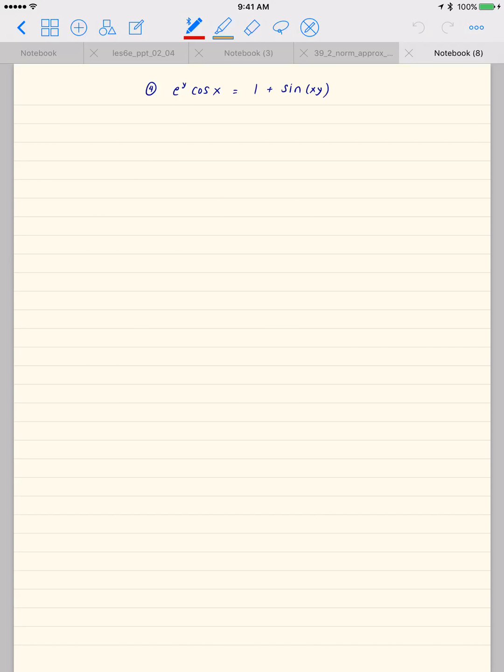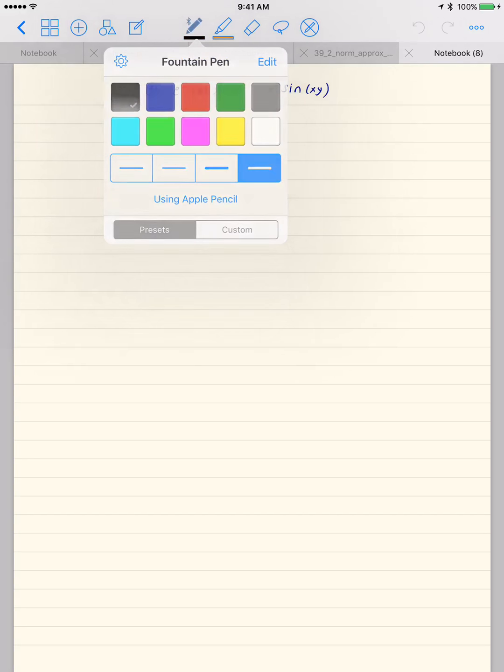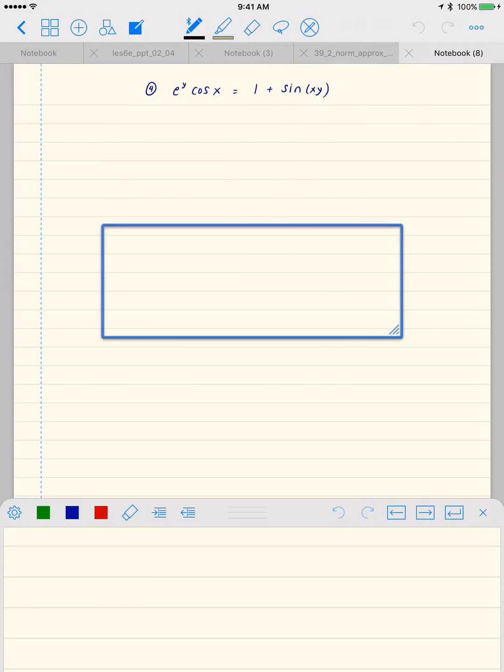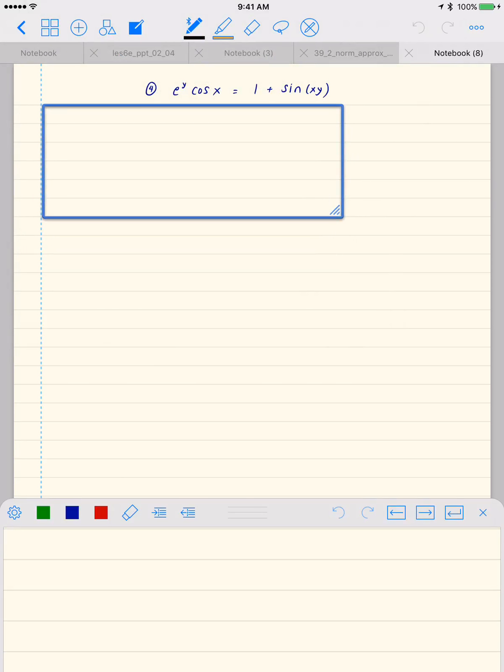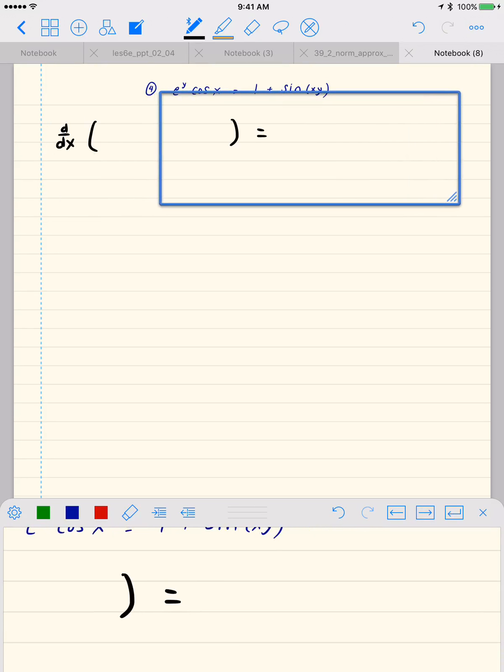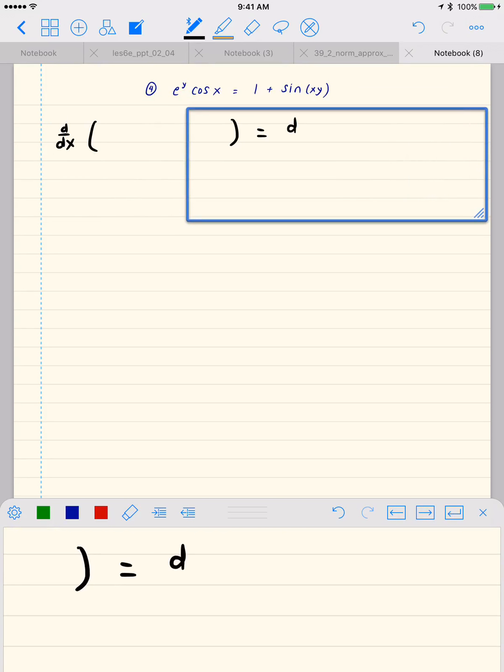e to the y cosine x equals 1 plus sine xy. And by now we should know what to do. We want to take the derivative with respect to x of the left-hand side, and that's going to be equal to the derivative with respect to x of the right-hand side.